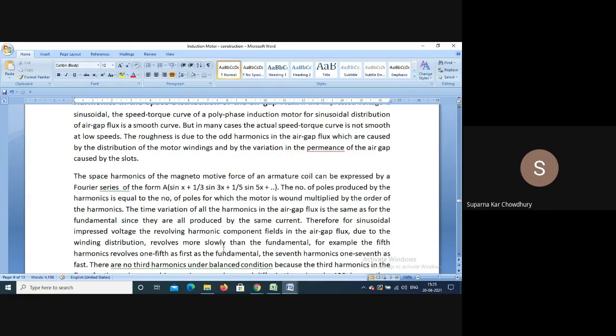So the number of poles produced by the harmonic is equal to the number of poles for which the motor is wound multiplied by the order of the harmonic. The time variation of all the harmonics is due to the fundamental only because they are produced by the fundamental current. Therefore, for a sinusoidal impressed voltage, the revolving harmonic component field in the air gap flux due to the winding distribution revolves more slowly than the fundamental.